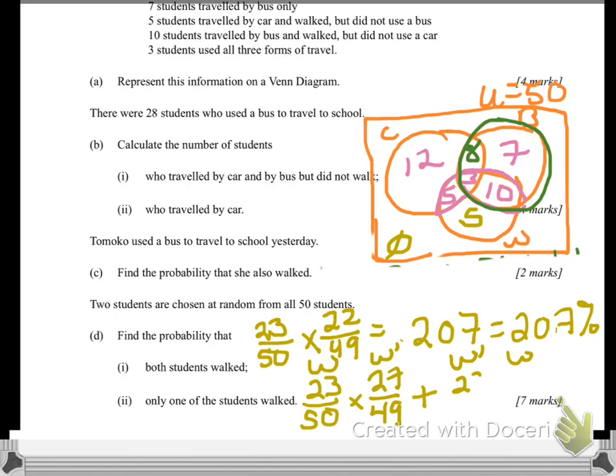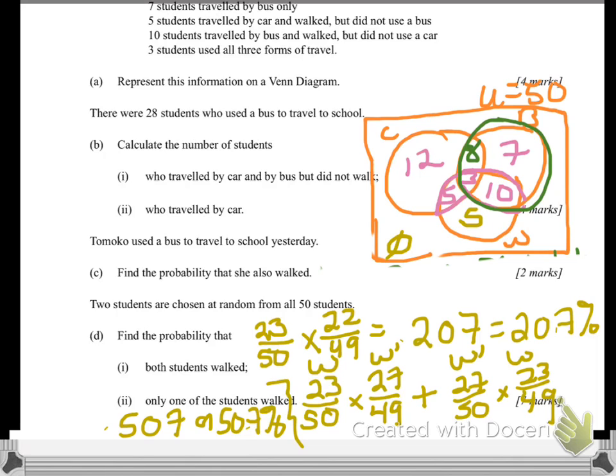So 27 out of 50 didn't walk times ones who did walk over 49. Okay, let me get out my calculator and find out what it is. Okay, and what do I get? 0.50, and it says 69, so I'm going to say 0.507 or 50.7%.